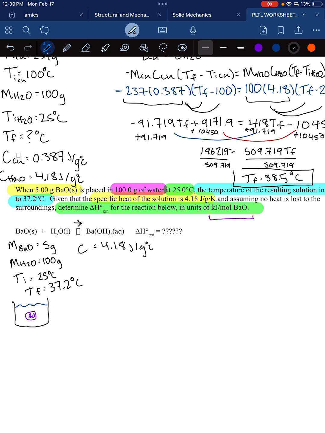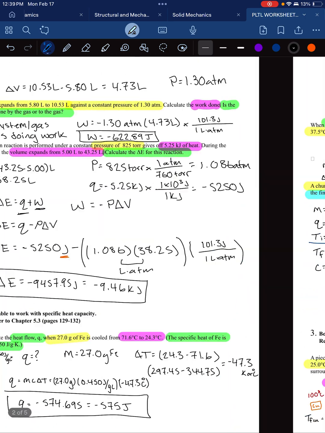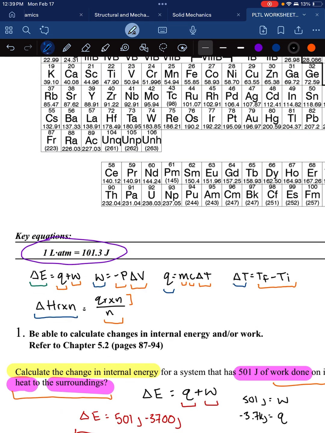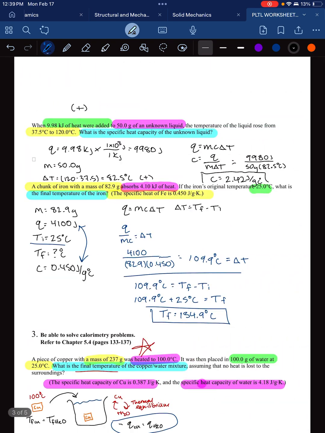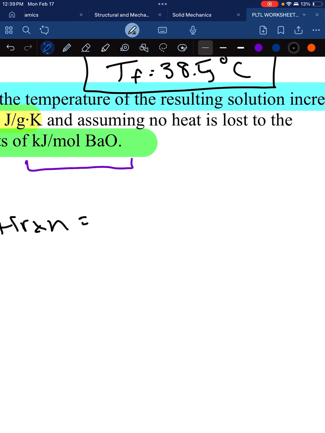So we want to find delta H of the reaction. And we know from the front page that delta H of the reaction is Q of the reaction over N. Okay.